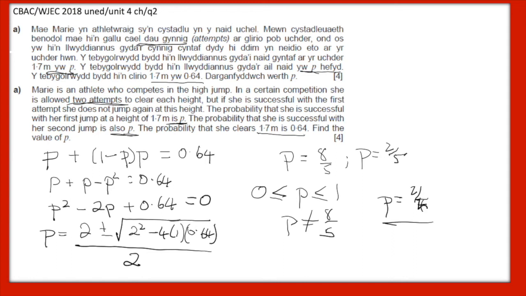It doesn't matter whether you write it as a fraction or a decimal, but there's my explicit answer. That's a relatively straightforward probability question. Nice, easy 4 marks. Go for it.